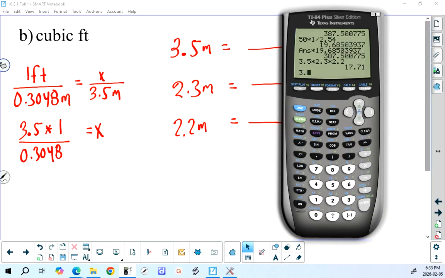So 3.5 divided by 0.3048, that is the length. If we use 2.3 instead, it will be 2.3 divided by 0.3048. And if we use 2.2, it will be 2.2 divided by 0.3048.